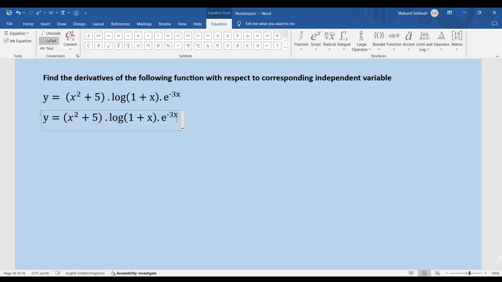We know the product rule of differentiation, we have seen this whenever it is a product of two functions u and v, right? And I want to draw your attention to the point that the same rule, the product rule of differentiation, can be extended to more than two functions, right?